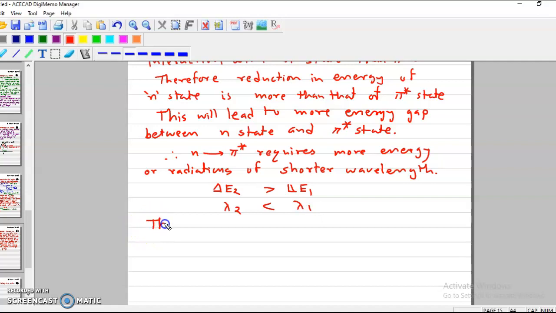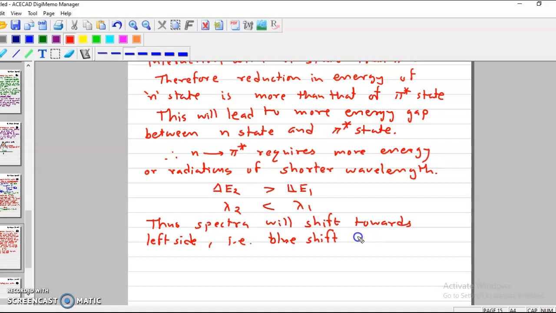Thus the spectra will shift towards the left side, that is blue shift or hypsochromic shift. But this hypsochromic shift is for n to pi star transitions, in which case the epsilon value will be very less.